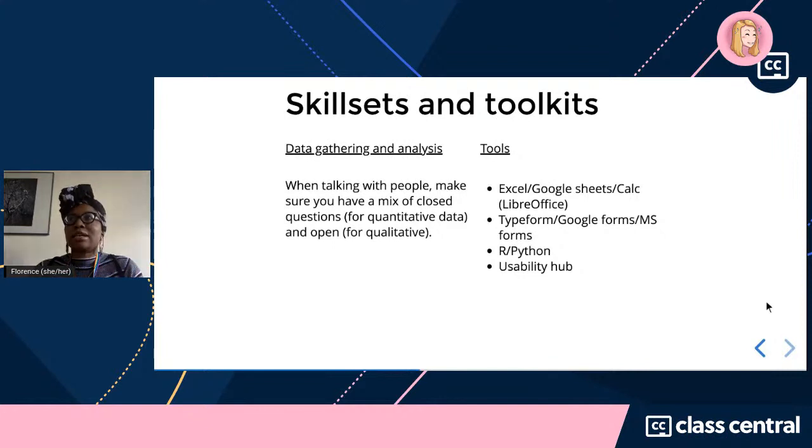They tend to be things like 'give us an example of' or 'how would you feel if', so more speculative, more emotional questions, also questions where you're really trying to tease out the unteasable, the things that people can't easily just say yes or no to. That's also really good data to have. And there's a range of tools you can use for storing the data, using Excel, Google Sheets, or Calc.